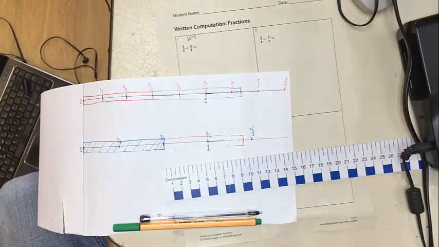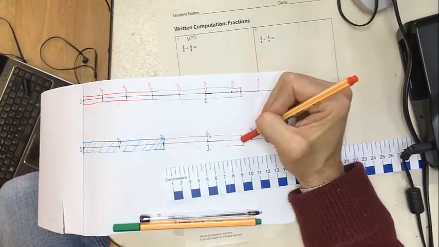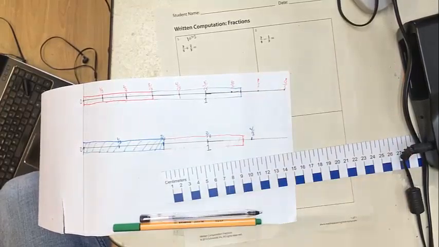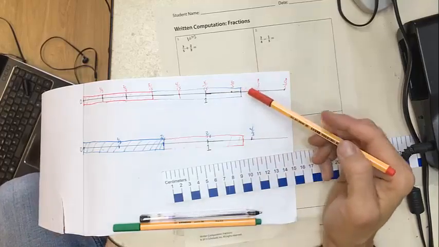So what we have to do is think of a number line with smaller units, so we can figure out what this spot is, because we don't know what it is in fifths. We don't know what it is in thirds. And it has to be something.